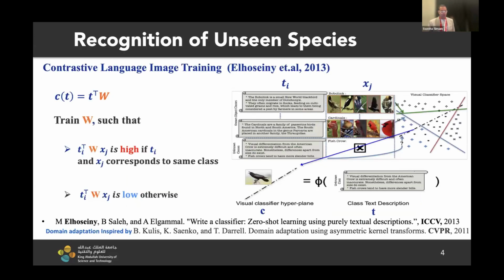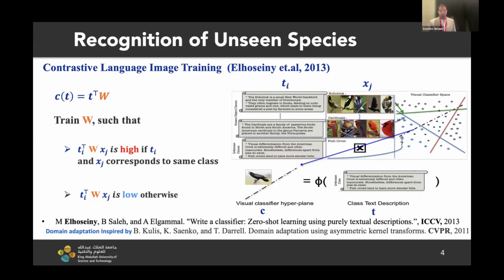The formulation that we had back then in 2013 was based on contrastive language and image training on seen classes, and then we generalized that to unseen classes. The idea is basically to pick image-text pairs, and those that belong to the same class, make them similar, and those that don't belong to the same class, make them least similar.